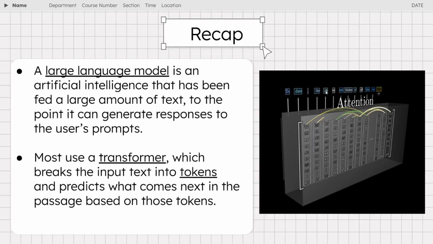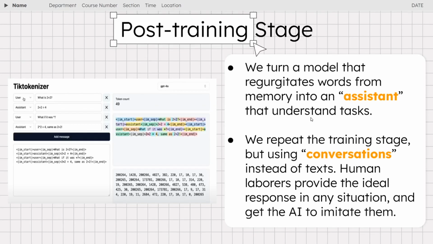You have to split them into tokens, and those tokens have values in the form of vector columns. So same process here. We split the conversation into tokens. As you can see, what is 2 plus 2 question mark, and the different colors here represent different tokens.